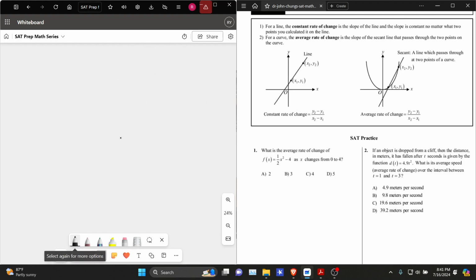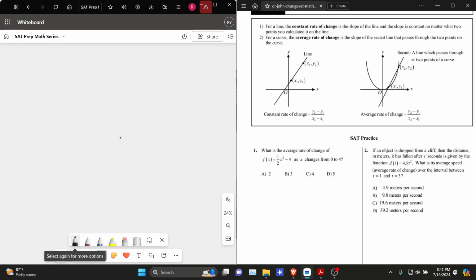If an object is dropped from a cliff, then the distance in meters it has fallen after t seconds is given by the function d(t) = 4.9 t squared. What is the average speed, average rate of change over the interval between t equals 1 and t equals 3?